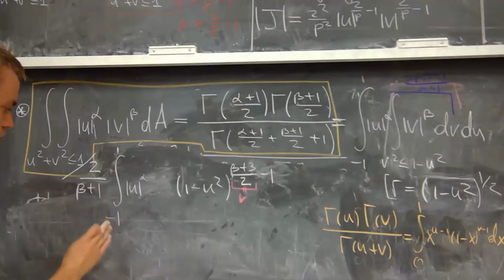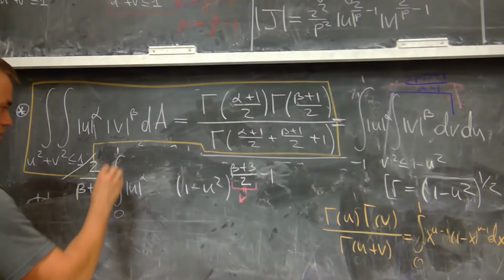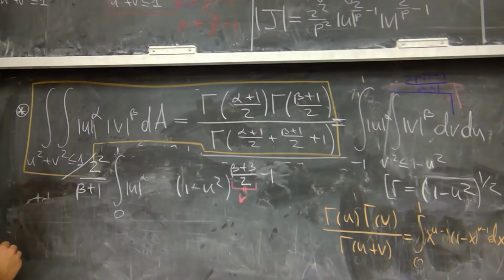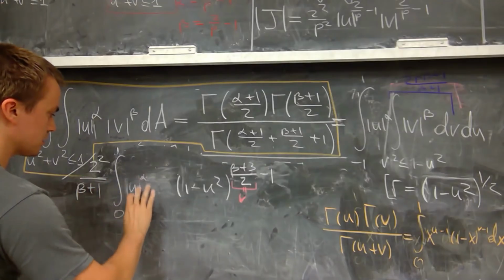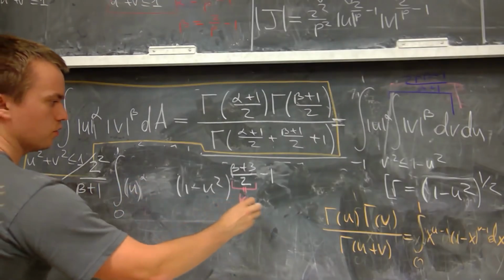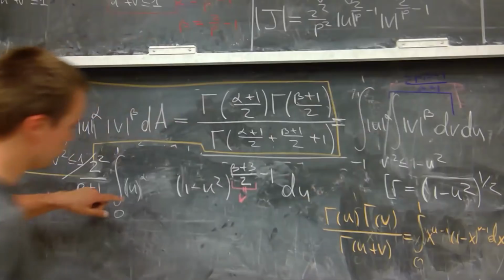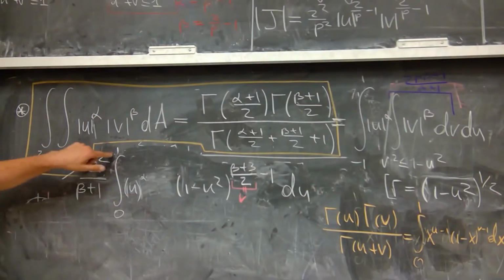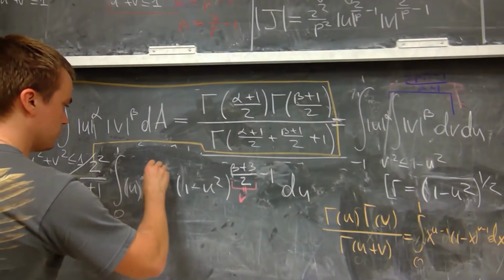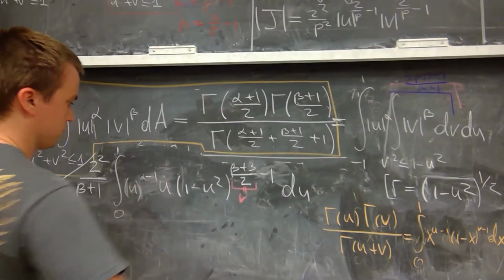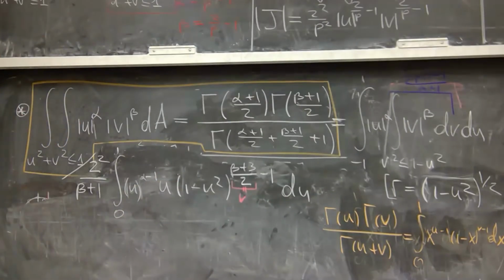So first step, I change this integral to 0 to 1 and multiply by another 2. Then I can get rid of the absolute value because my u is positive, changing from 0 to 1. Then I can separate this into u^(alpha minus 1) times u. I hope it was clear.